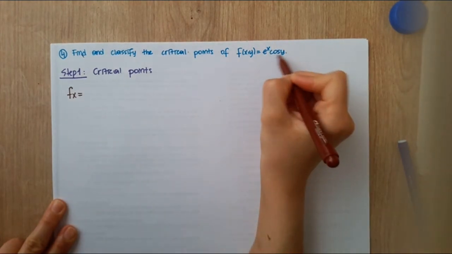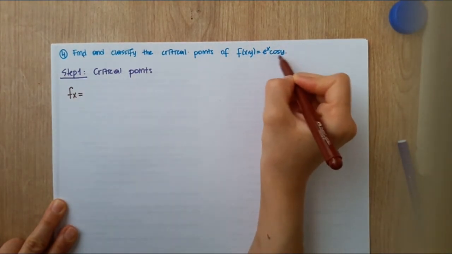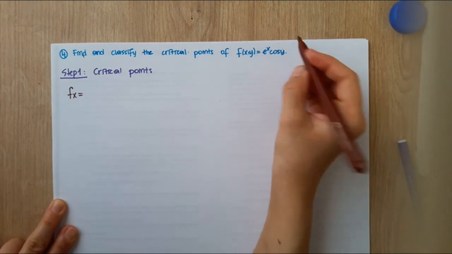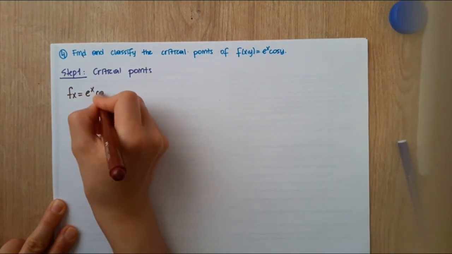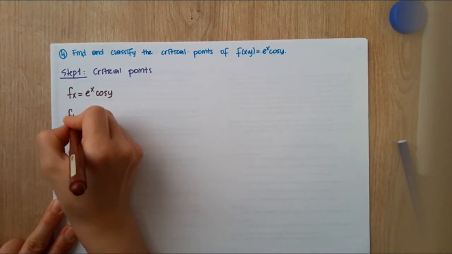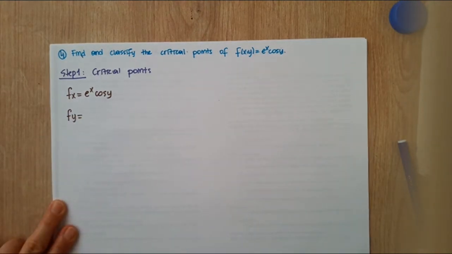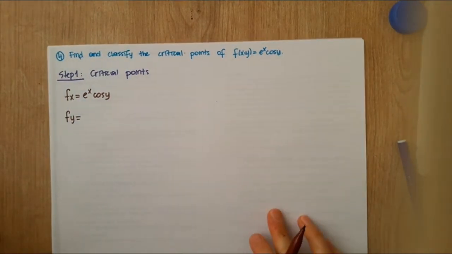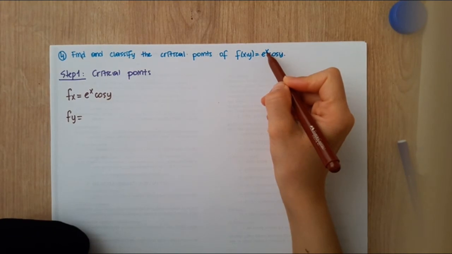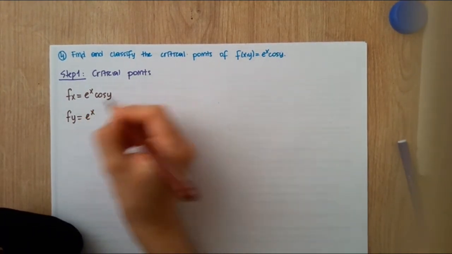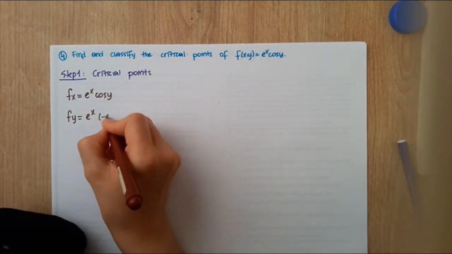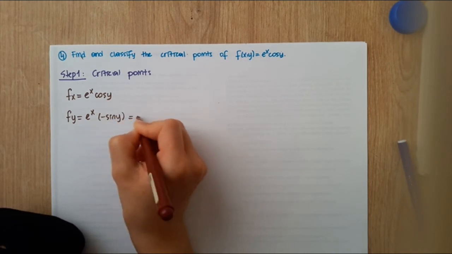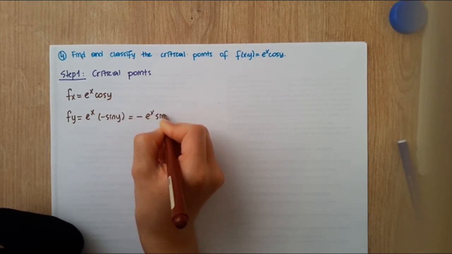Here we have a constant with respect to x, cosine y, and the derivative of e to the x is itself. And the first partial derivative of this function with respect to y: this time e to the x will be constant, and the derivative of cosine y is minus sine y. So I have minus e to the x sine y here.